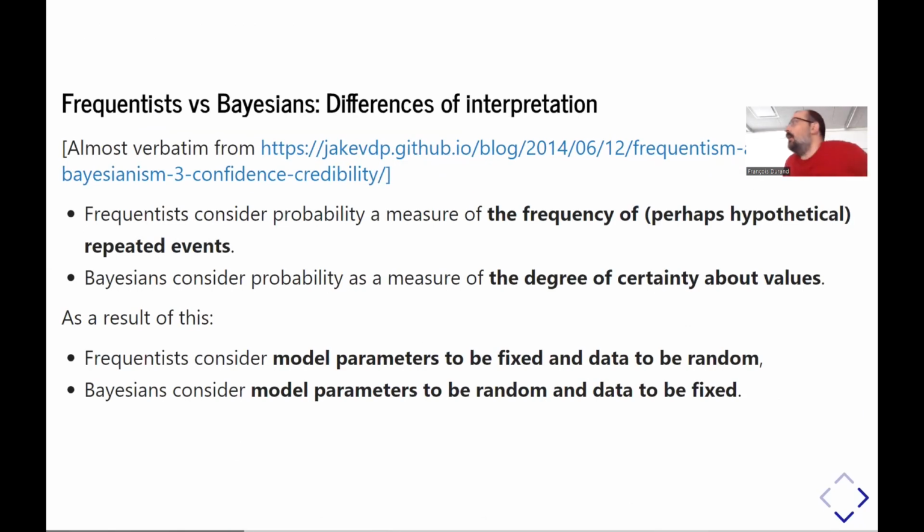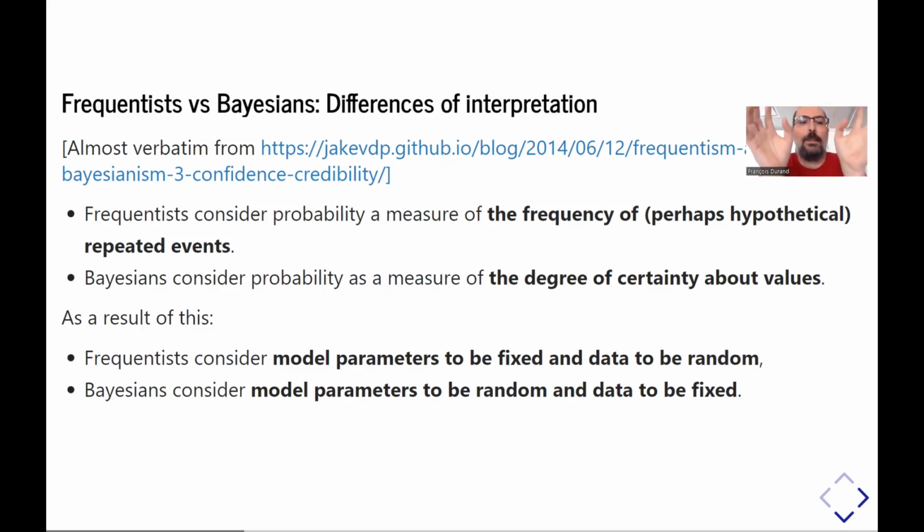Okay, so just to continue with the same hammer and the same nail, just a few extracts from a very illuminating article that I strongly recommend. The frequentists consider that probability is a measure of the frequency of potentially repeated events, whereas the Bayesians consider it as a degree of certainty.